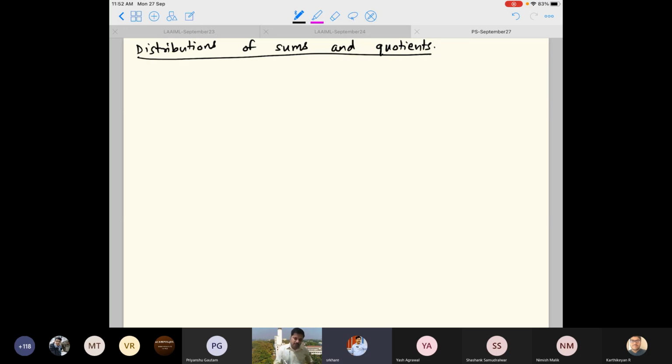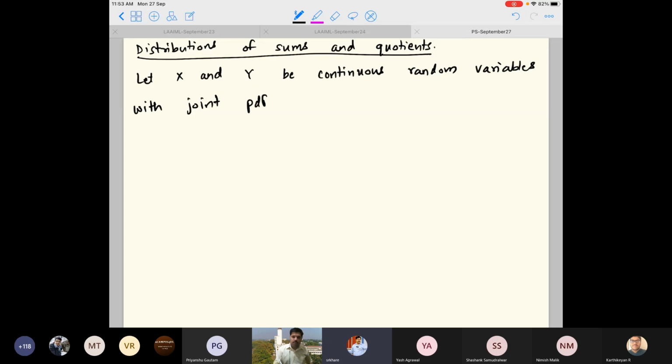So let X and Y be continuous random variables with the joint PDF f of xy.